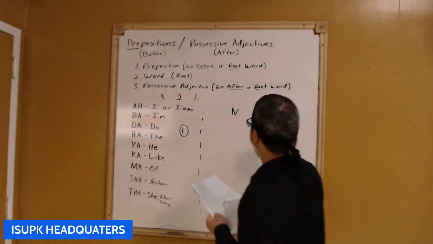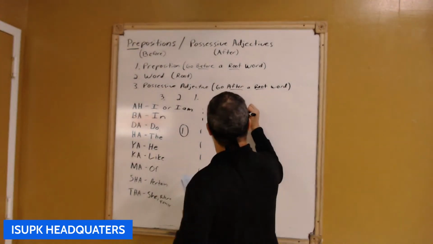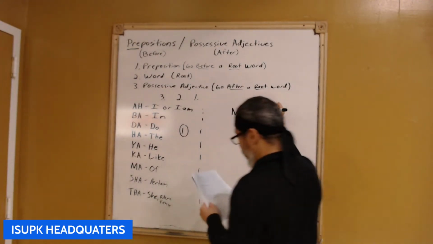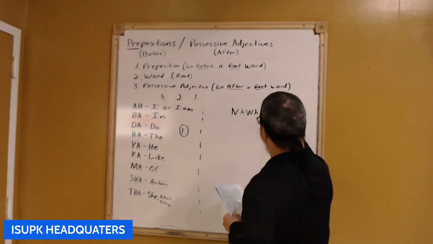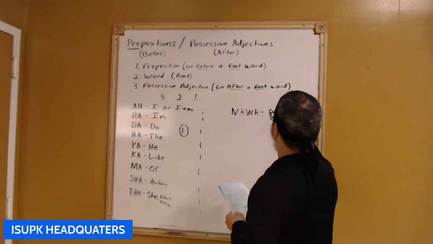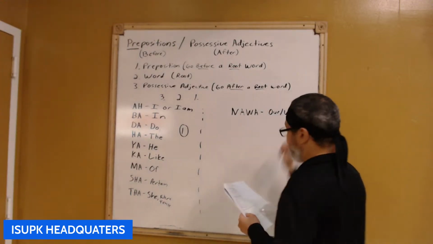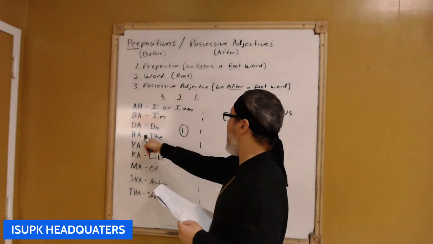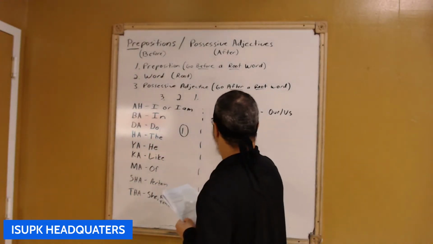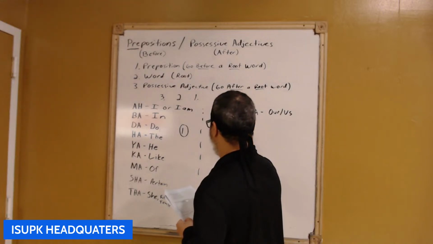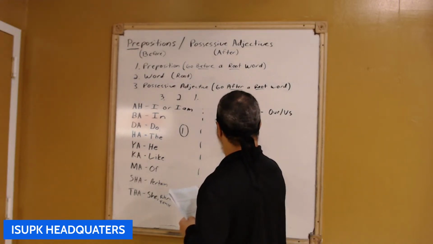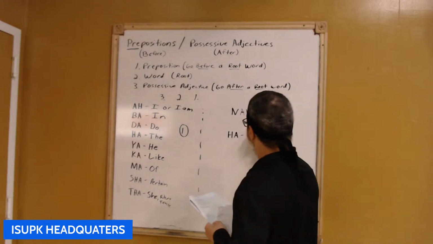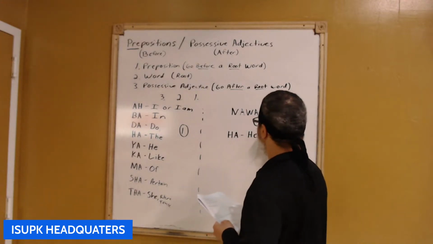The first one is Nawa, and Nawa is our or us. We have the ha, and we're going to put the ha here. If ha appears at the end of the word, it is her.